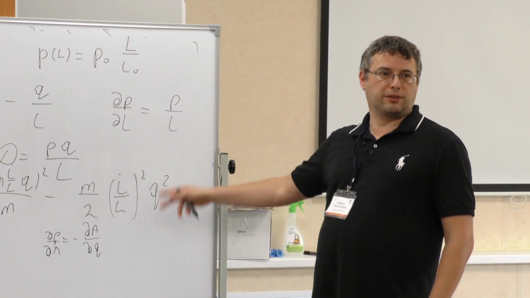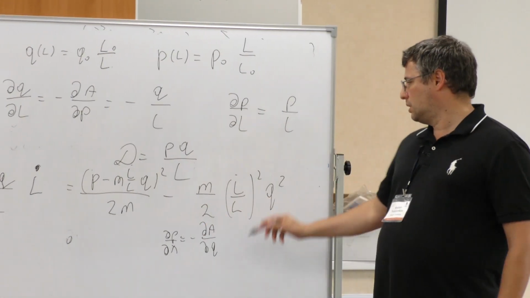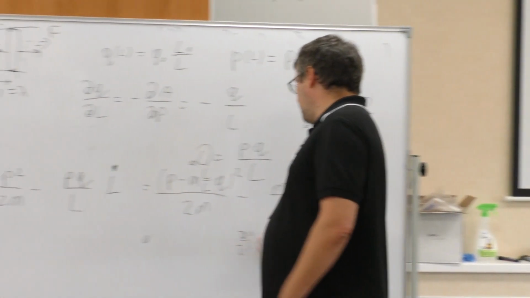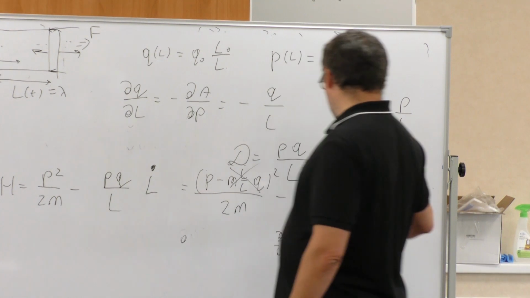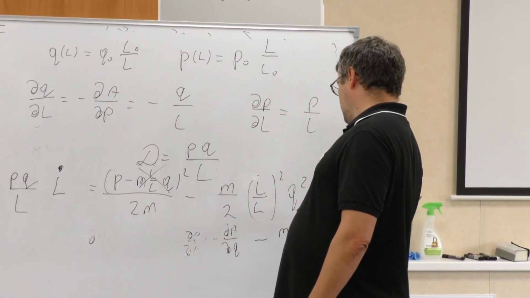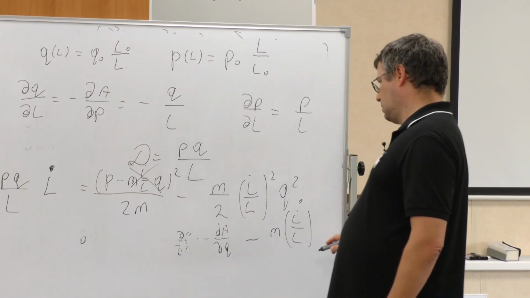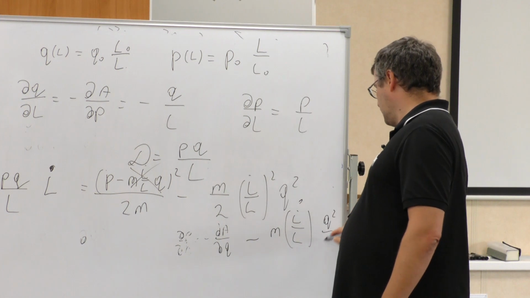It's really this Galilean term. So anyway, A will be this times Q squared over 2. If you do this transformation, you can forget about this, and then I will get M L double dot over L times Q squared over 2.